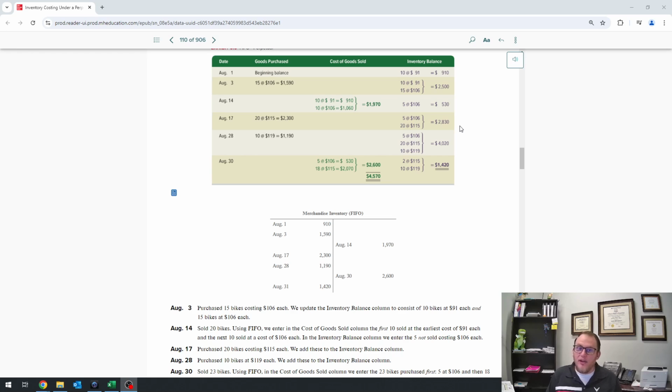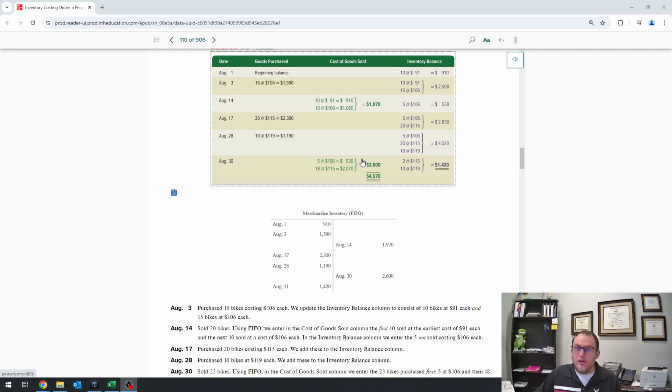And then on August 28th, we purchased 10 more units at $119 a piece. So for a total cost of $1,190. So our total inventory, or total cost of goods available for sale is now $4,020, and we have 5 units that were purchased on August 3rd because that's the remaining of these. We have 20 units from August 17th, and we have 10 units from the 28th.